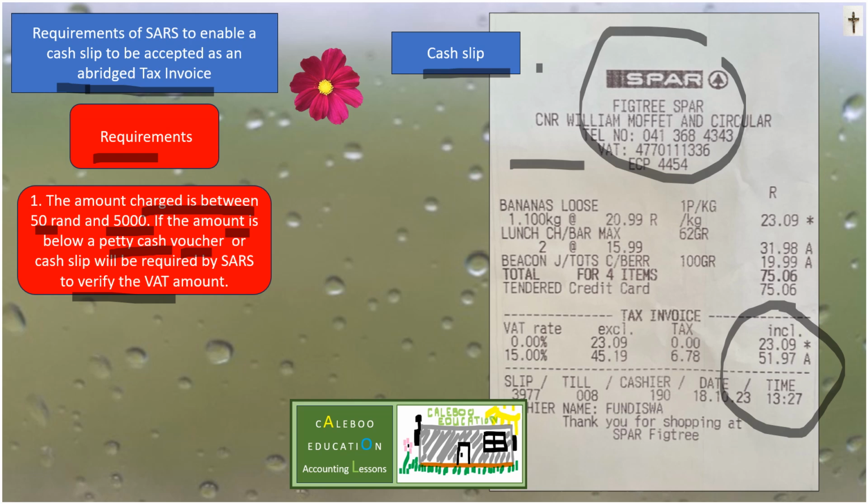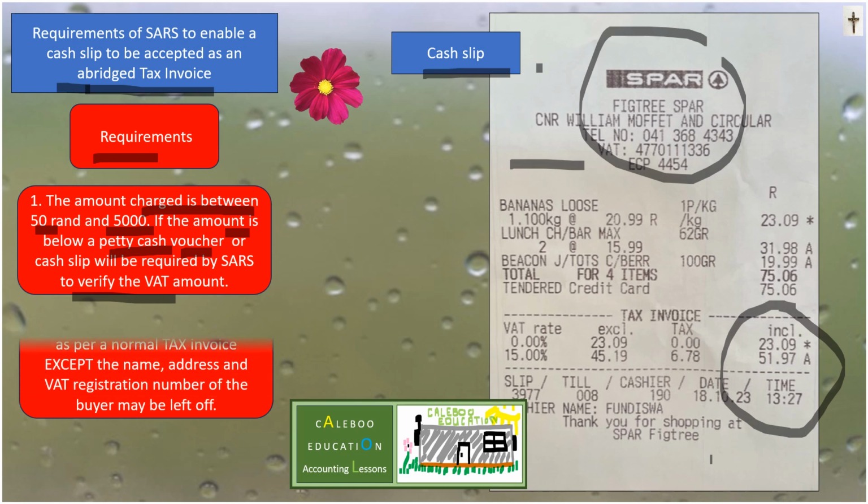Yes, at the moment it is between 50 and 5,000 Rand. All the information must appear as per normal, like a normal tax invoice, on this cash slip, except the name, address and VAT registration number of the buyer.